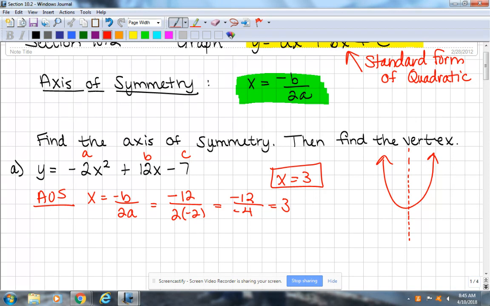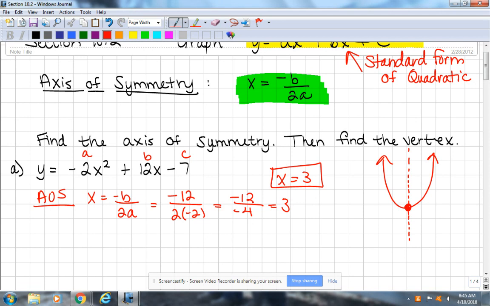Well, the vertex is the point that's the middle of the parabola. And it will be either the highest point if it's an upside down U or the lowest point if it's a U. In this case, it's going to be upside down because I have a negative number in front of my x squared. So I want to find what this point is.